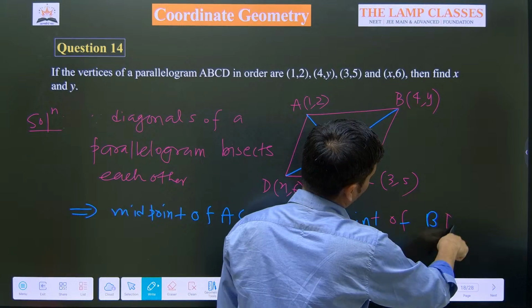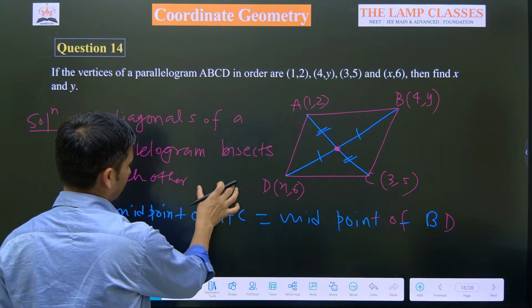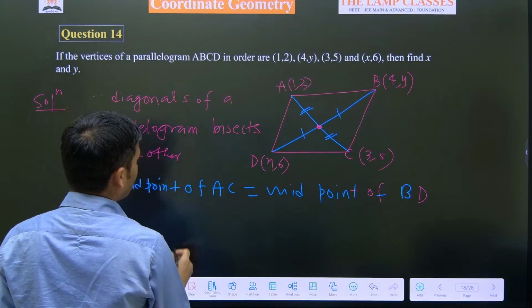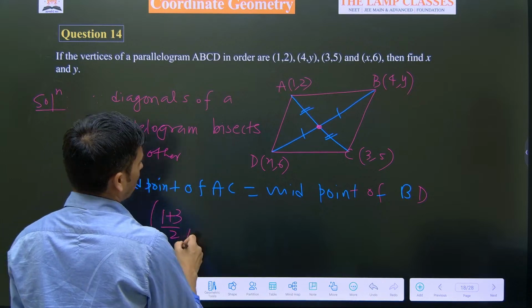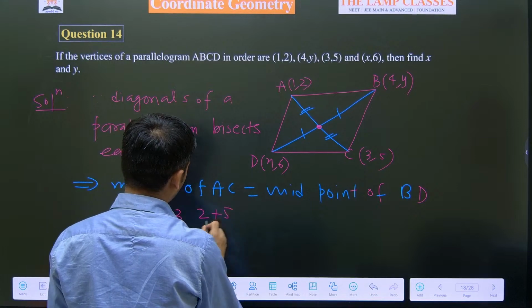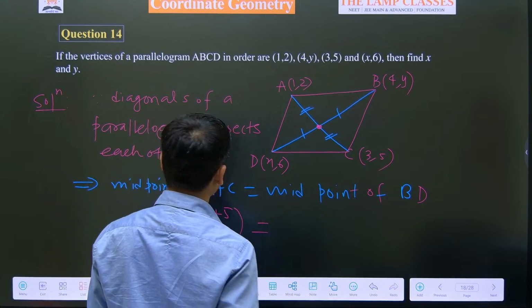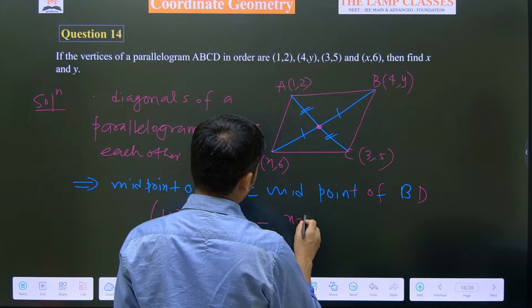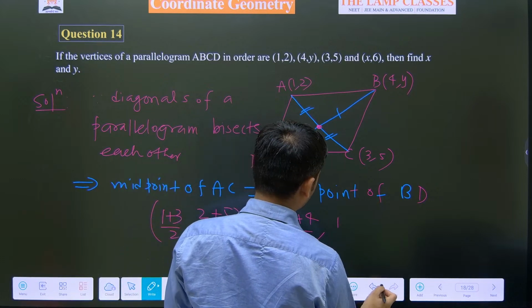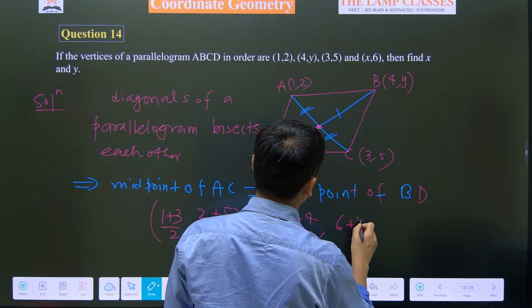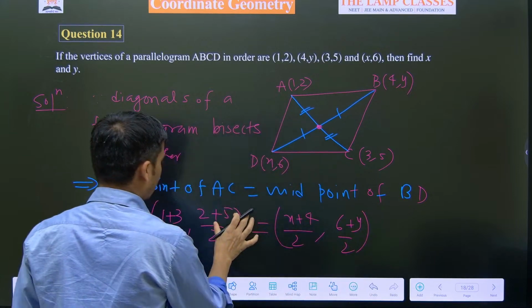And we know how to find the midpoint, right? Just the (x1 plus x2) by 2 thing. So it will be (1 plus 3) by 2 comma (2 plus 5) by 2. That should be equal to (x plus 4) by 2 comma (6 plus y) by 2, right?